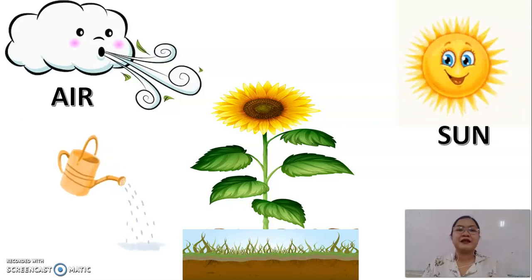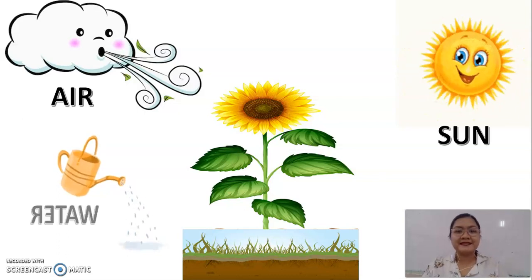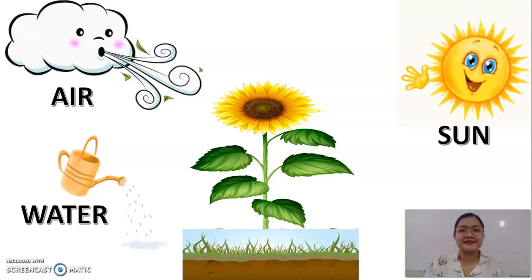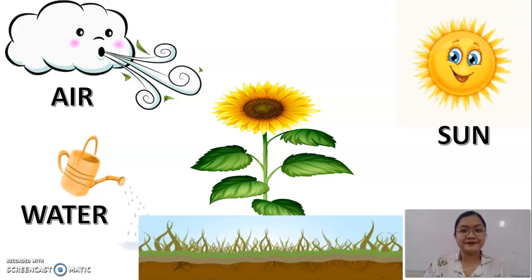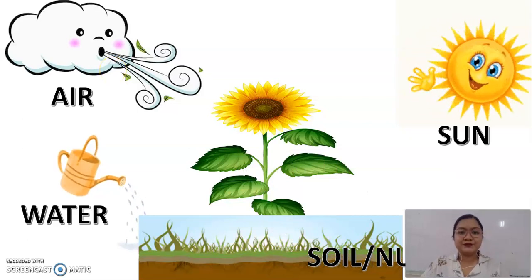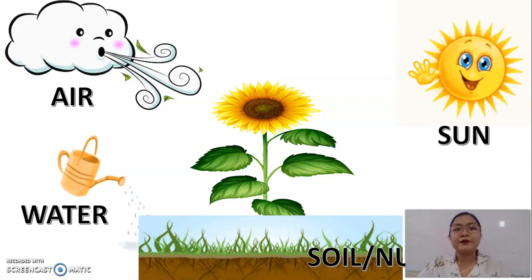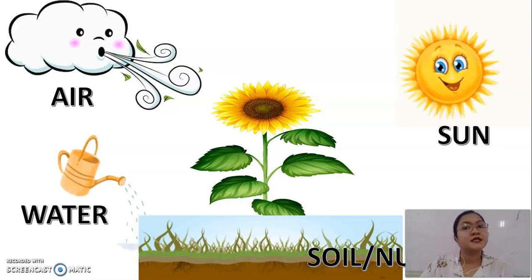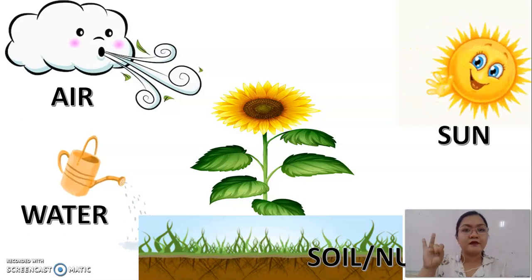Water. Very good. Plants need the water. And last but not the least, they need soil and nutrients.